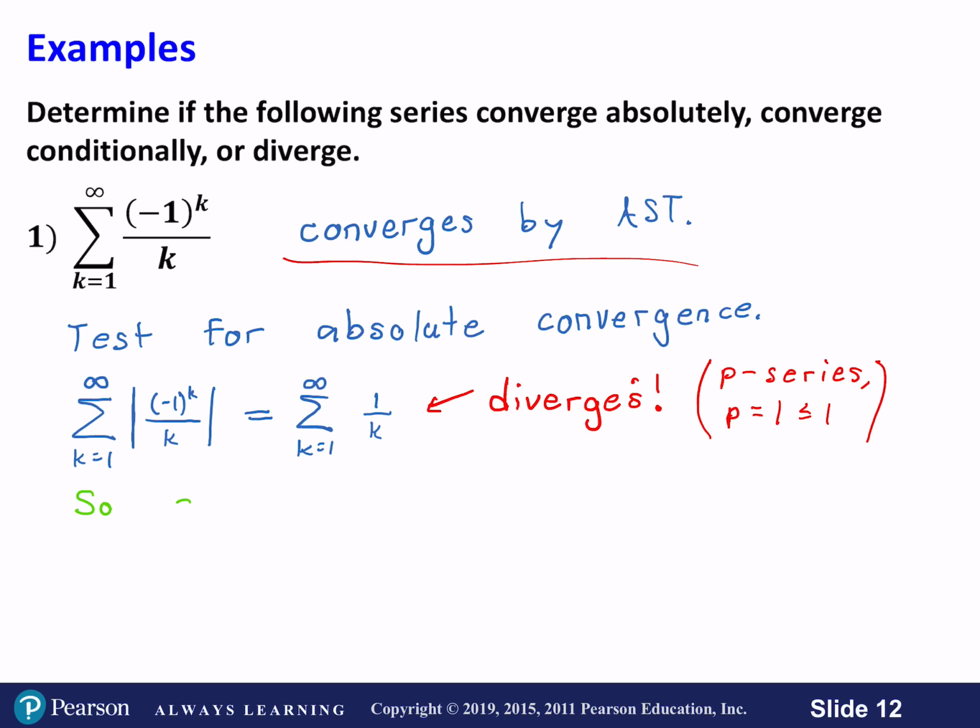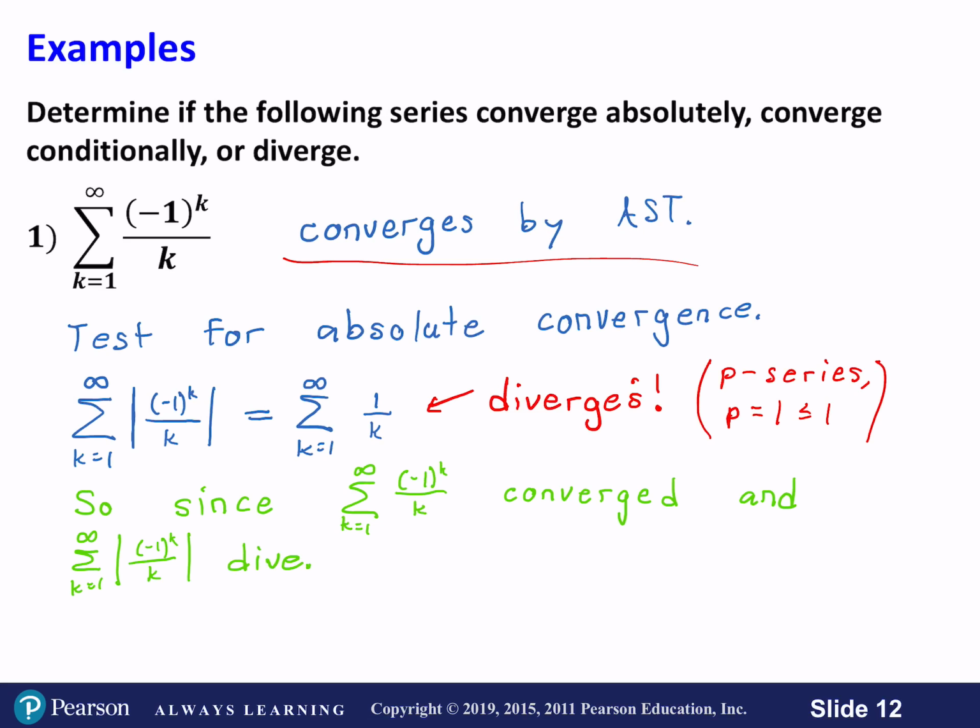So, since the sum of (-1)^k over k converged, and the sum from k equals 1 to infinity of the absolute value of (-1)^k over k diverged, the original sum is conditionally convergent.